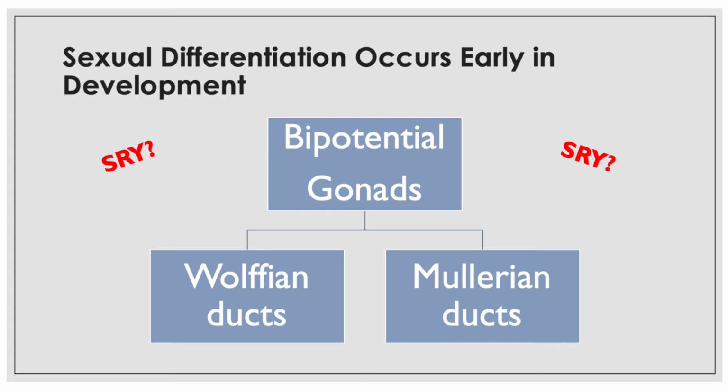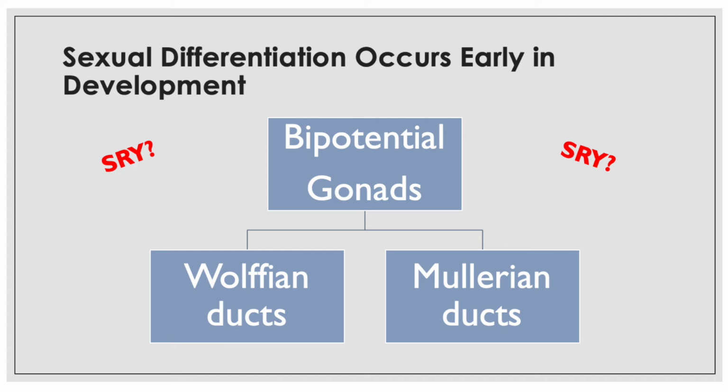The bipotential internal genitalia has two pairs of accessory ducts called the Wolffian ducts and the Mullerian ducts. Once the embryo further develops, the sex of the embryo will determine which of these ducts will develop and which will degenerate over time.